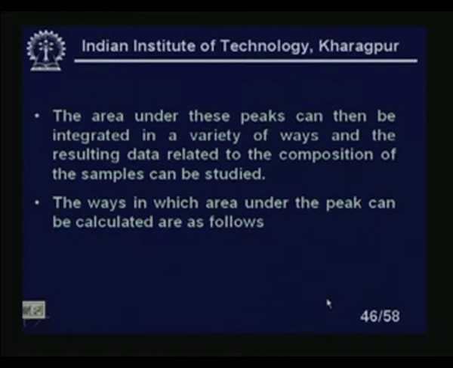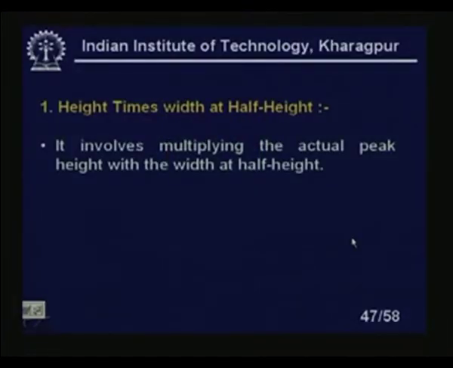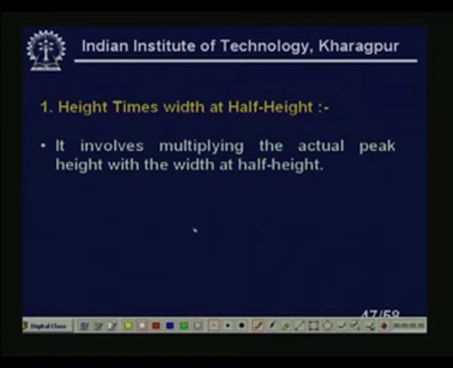The ways in which the area under the peak can be calculated are as follows. There are various methods by which areas can be calculated. We will discuss them one by one. First, height times width at the half height. It involves multiplying the actual peak height with the width at the half height.